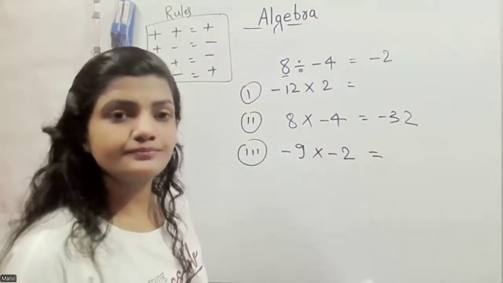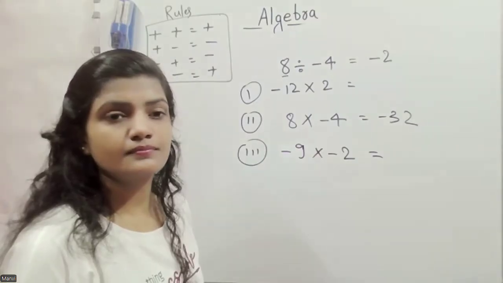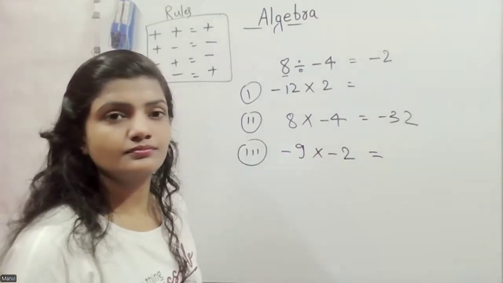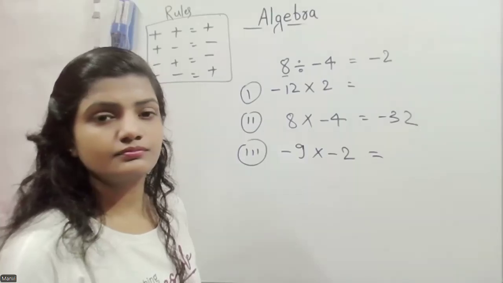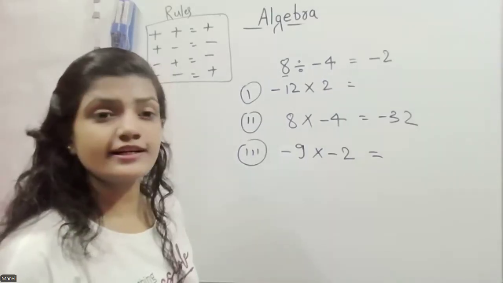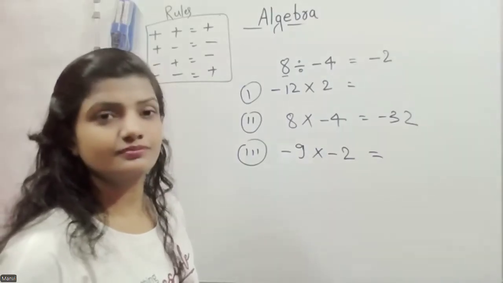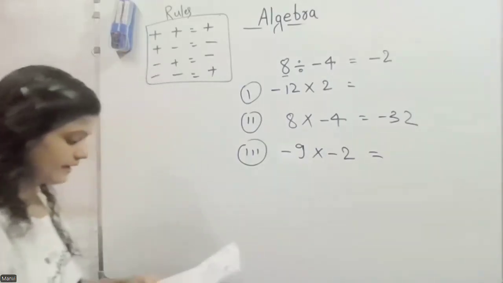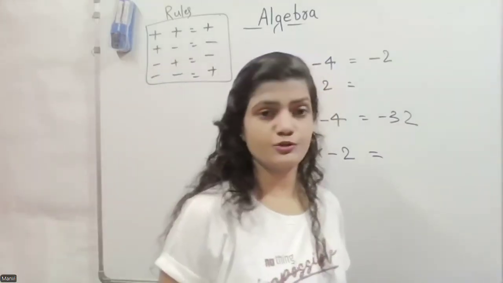Next question. It'd be 18. Why just 18? Because when the signs are the same, it always has to be positive. Very good. Now please try question number 7 from your sheet.